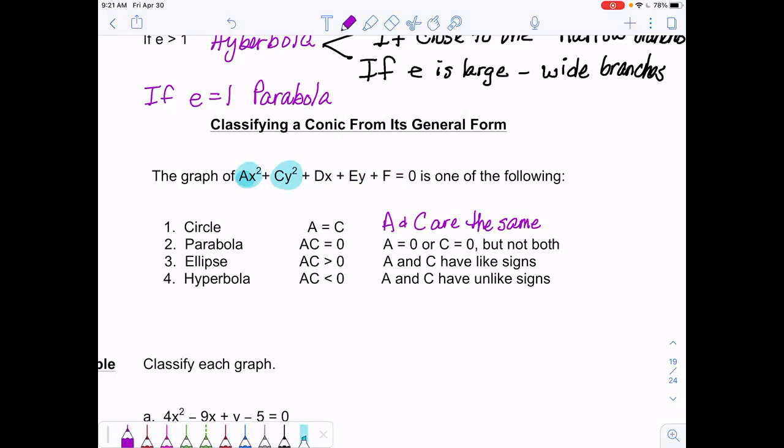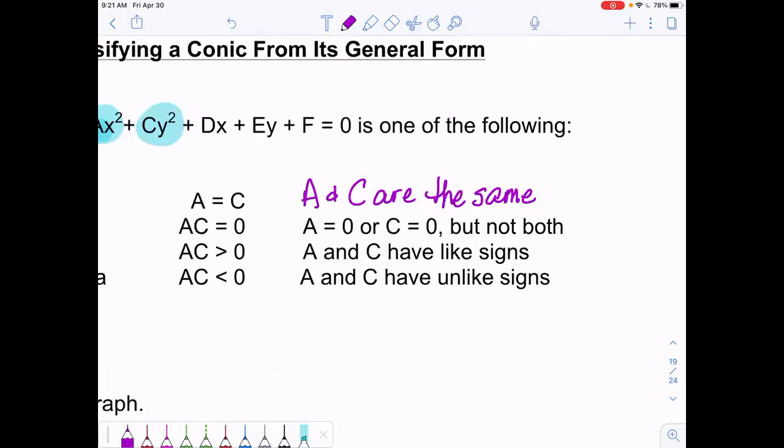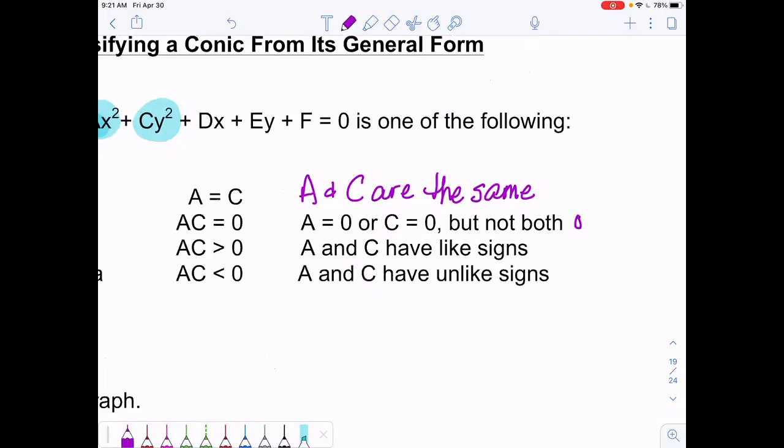For a parabola to exist, the value of A times C must equal 0. Either A is 0 or C is 0, but not both. An easier way of saying that is that you must have one squared term. Either x is squared or y is squared, but not both.